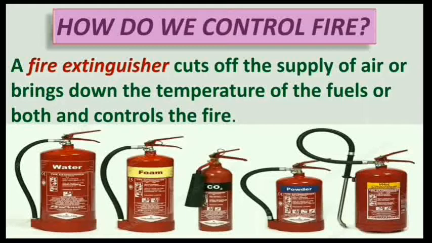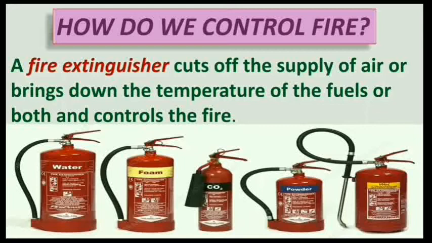In our surroundings also, we can see these different types of fire extinguisher. Water is a very good way to control fire because it helps to lower the temperature of the burning surface or object, and when the temperature goes below the ignition temperature of that substance, the fire gets controlled and stops.